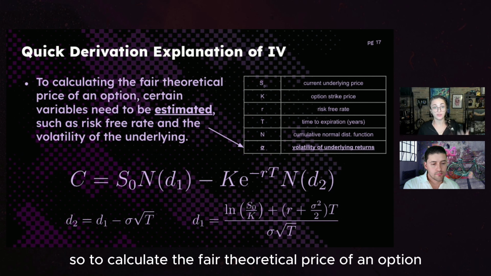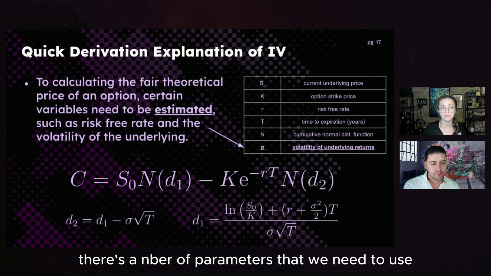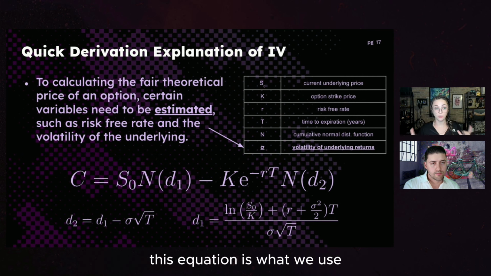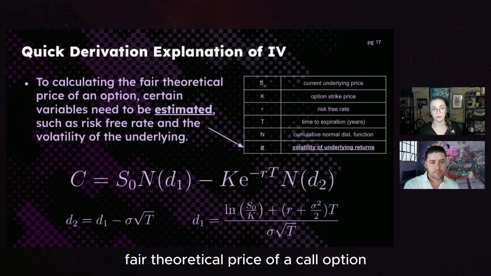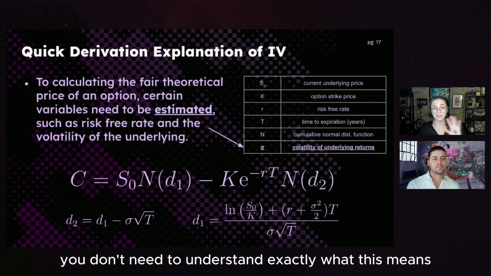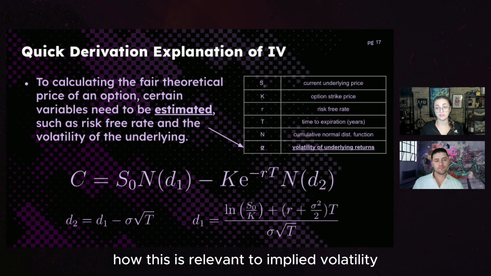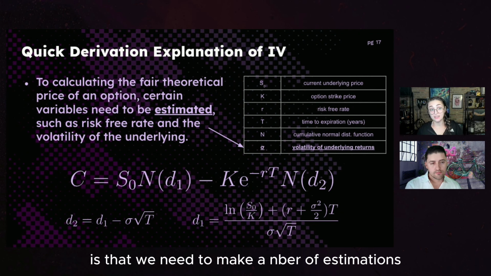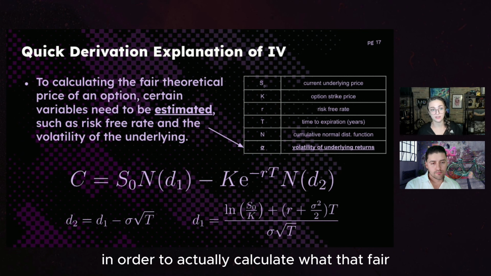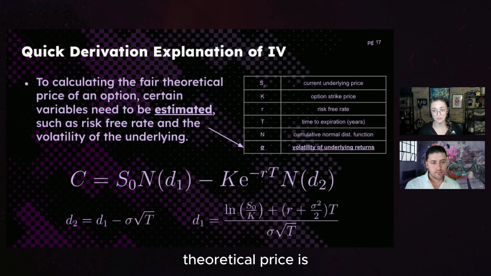To calculate the fair theoretical price of an option, there are a number of parameters that we need to use. This equation is what we use when we're calculating the fair theoretical price of a call option. You don't need to understand exactly what this means, but what you need to know about how it's relevant to implied volatility is that we need to make a number of estimations in order to calculate that fair theoretical price. That table has all of the different parameters that we use.